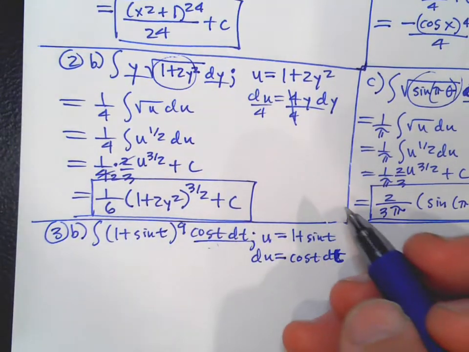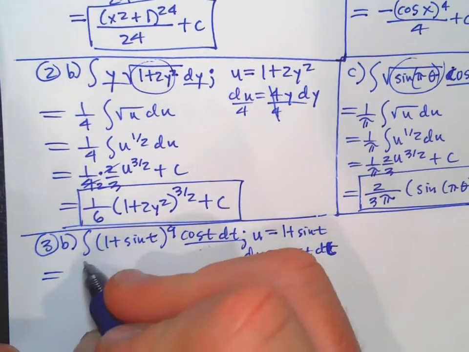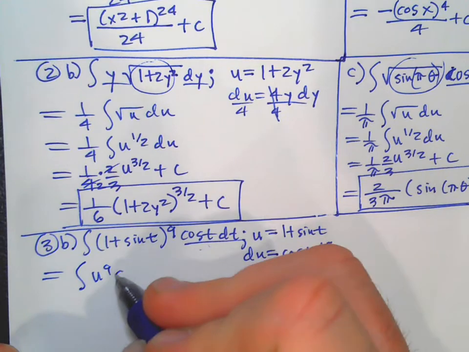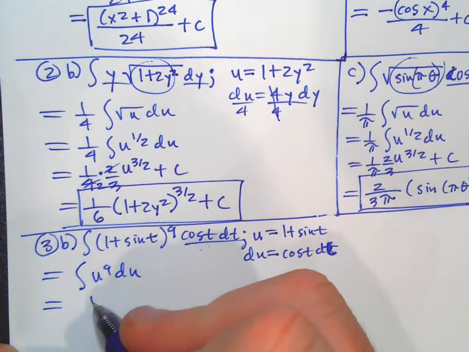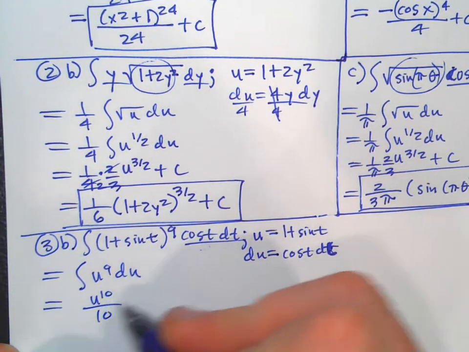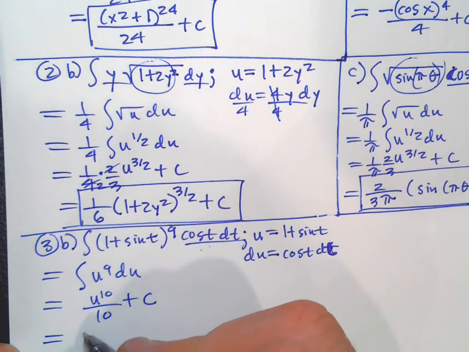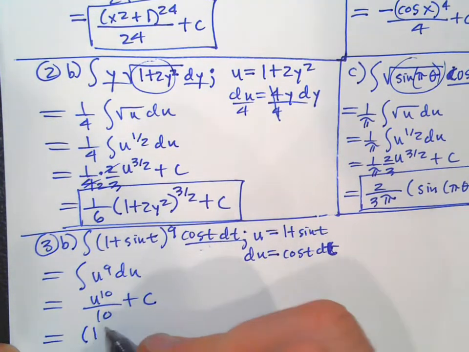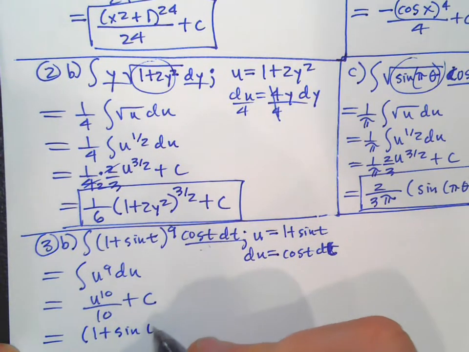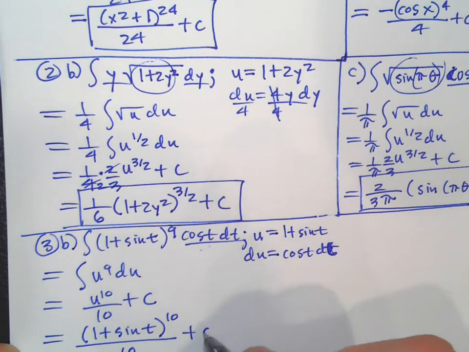Perfect. So we're going to rewrite this as u to the 9th du. It's the power rule: bump it up 1, divide by the new power, plus c. The final answer should be written in the original variables: (1 plus sine t) in parentheses to the 10th power over 10 plus c.